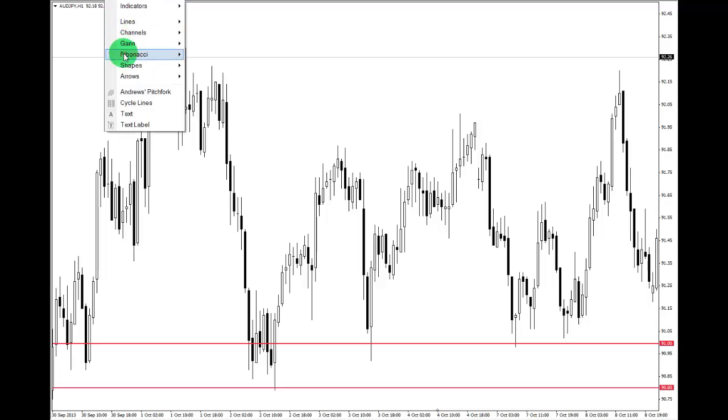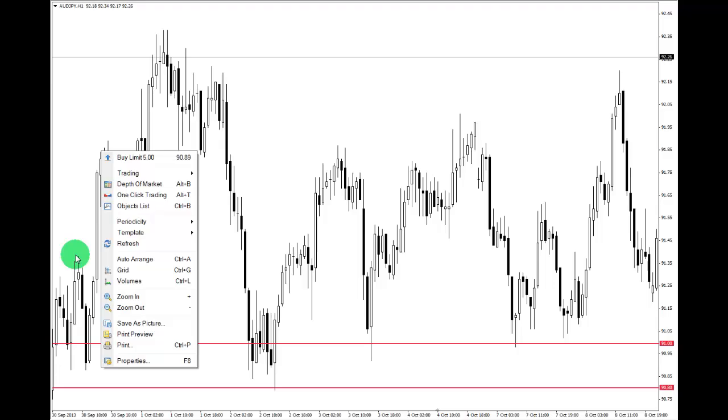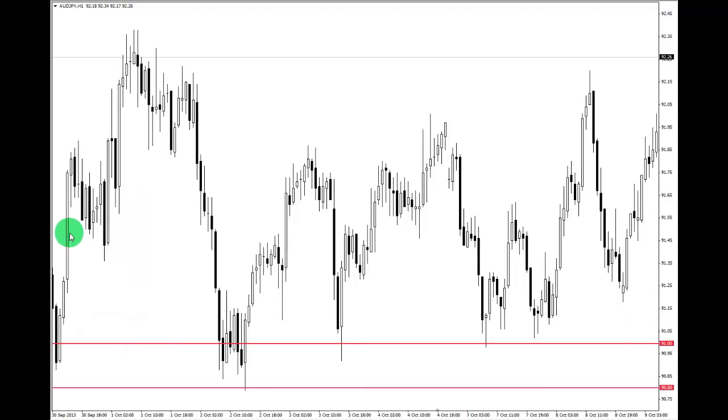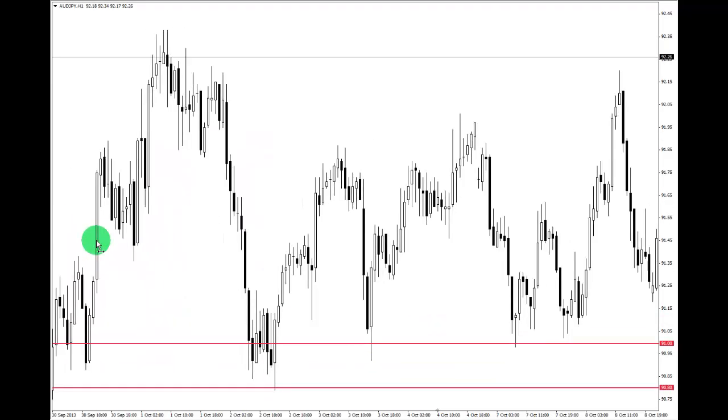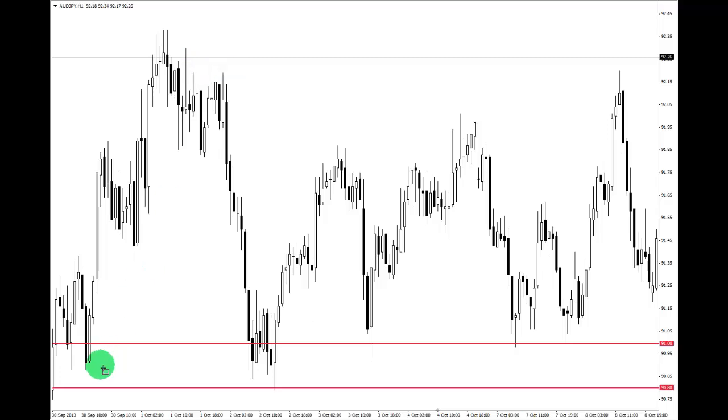And we're going to identify that. We have the original consolidation in here.